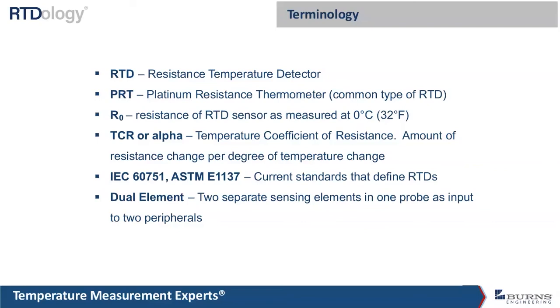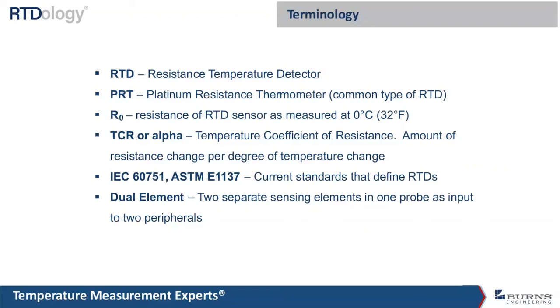The R0 and the temperature coefficient are defined by a couple of standards. There's an international standard and then an ASTM standard. And finally here, there are single and dual and sometimes even triple elements.